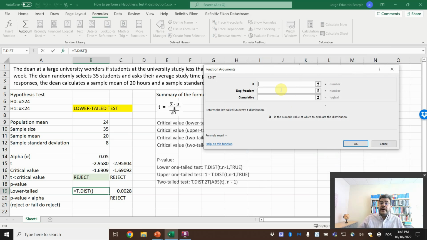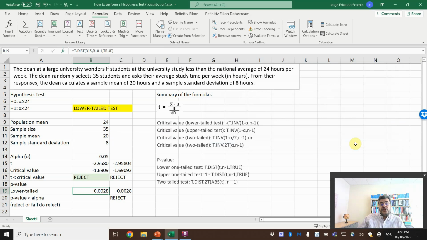It returns the left tail, and x is the t. Degrees of freedom, remember, sample size minus 1. And cumulative or not? Yes, it is cumulative because it is from 0 until t. So it is true.